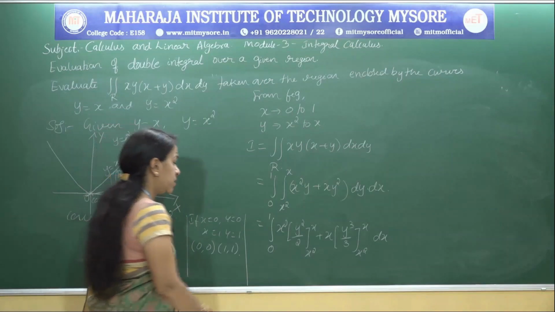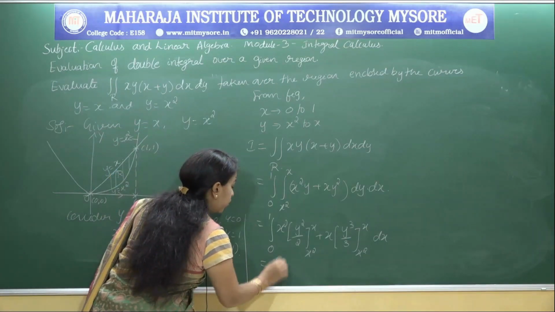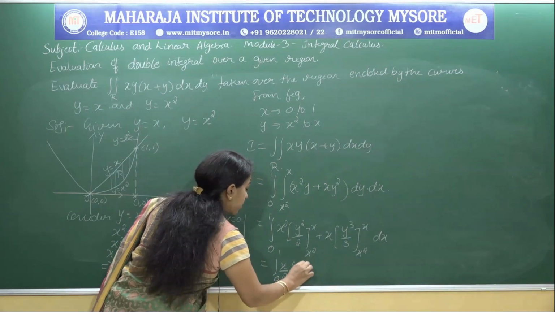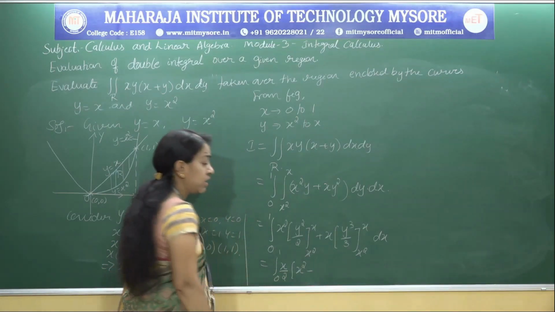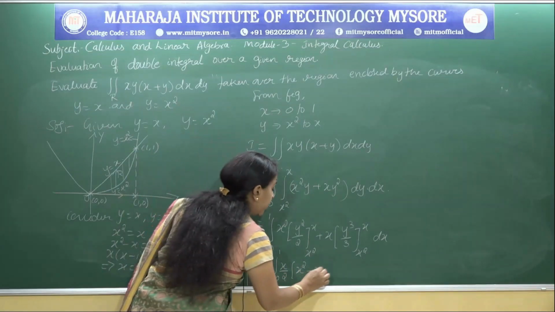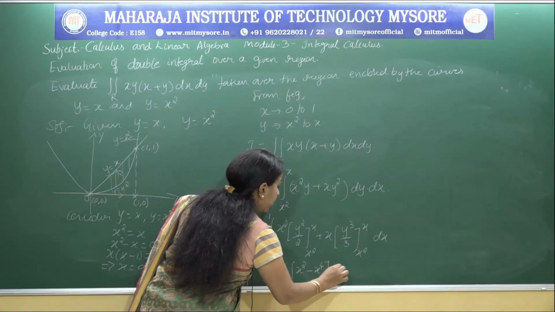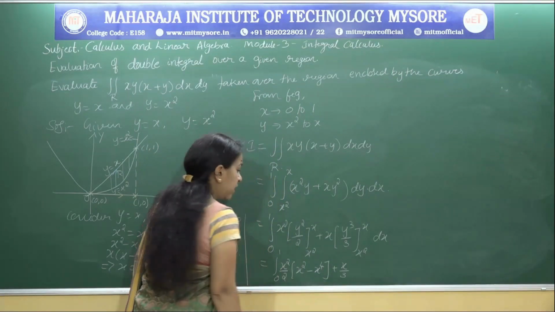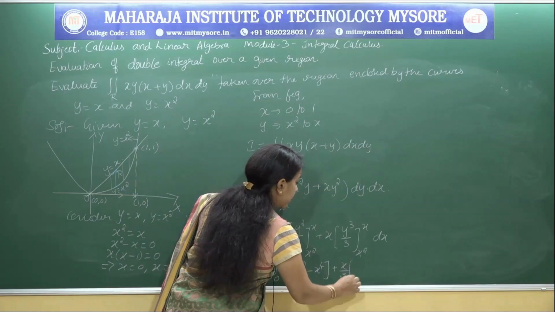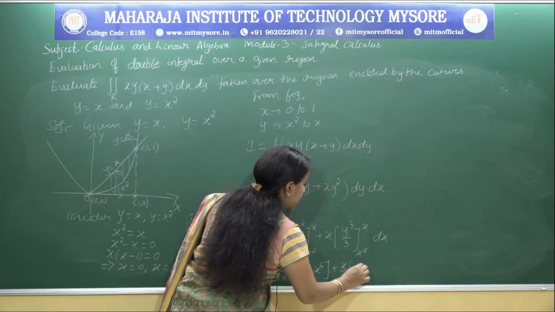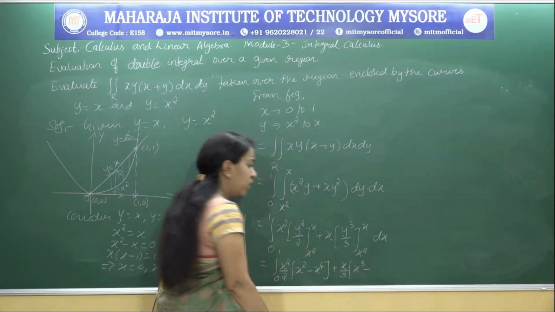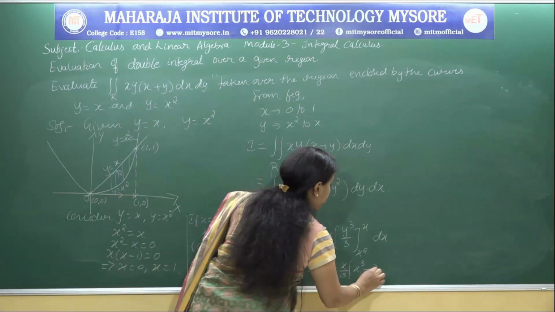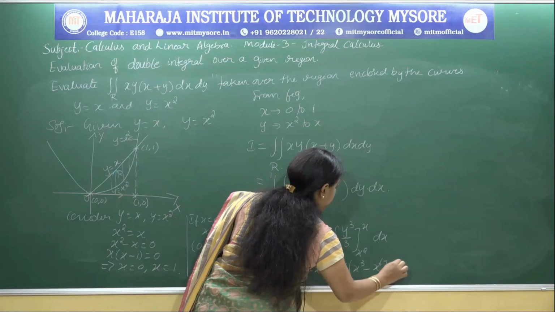Now apply the limits and simplify: integral 0 to 1, x square by 2 constant, upper limit x square minus lower limit x square whole square, that becomes x to the power of 4, plus x by 3 constant, upper limit x cube minus lower limit x square whole cube, it becomes x to the power of 6.